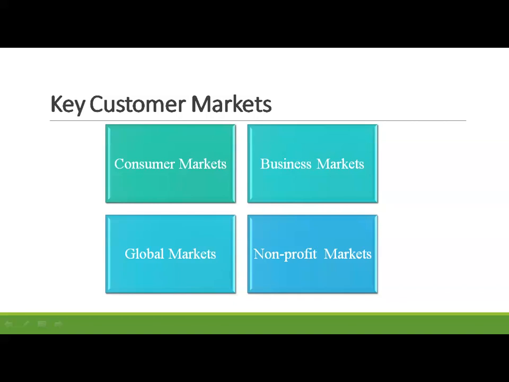Now, as far as the key consumer markets are concerned, the business to consumer market, B2C market, can be divided into four parts: consumer markets, then business market, then global market, and non-profit market. Now we will start with B2C, that is consumer markets.